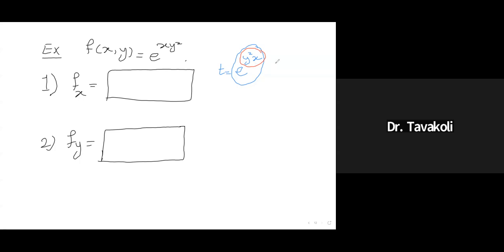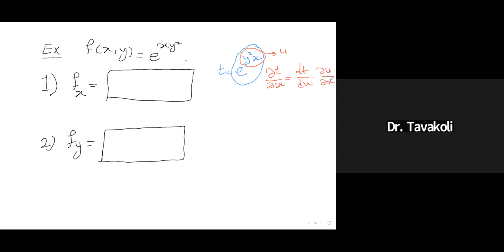So here, the derivative of t with respect to x, of course, I use the partial notation, is the derivative of t with respect to u times the derivative of u with respect to x.